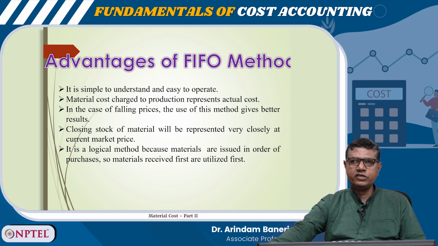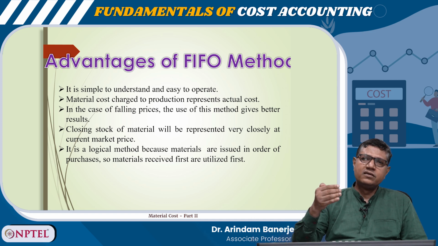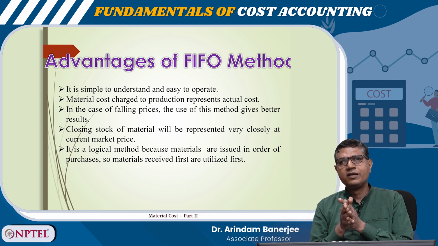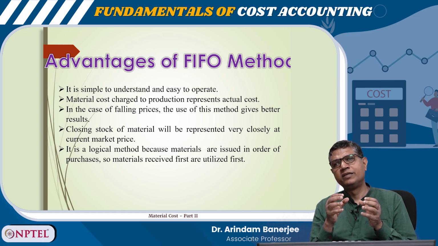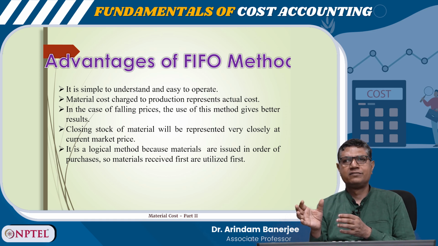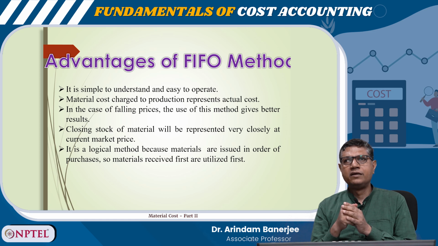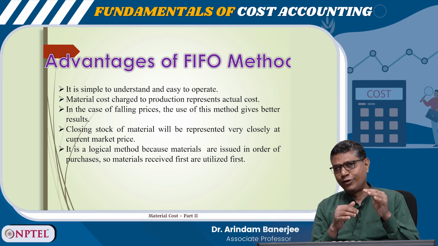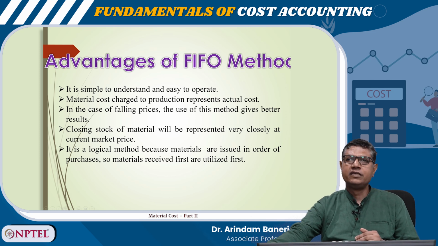Also, because the stock in inventory is the recent one, the valuation of the stock will be closer to the current market price rather than past prices. And if the price is already falling, then your inventory value will also keep on falling because it is more recent.